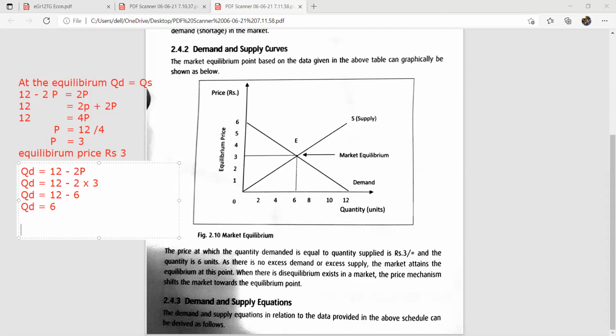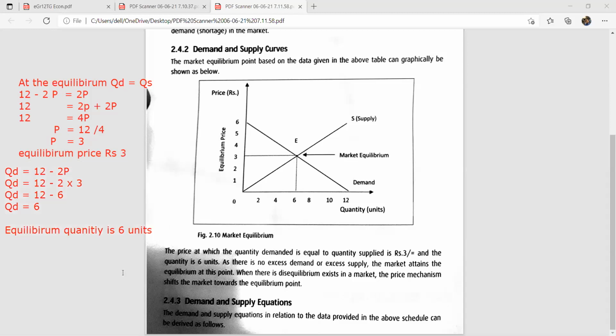Therefore, your answer, equilibrium quantity is 6 units. Equilibrium quantity is 6 units. This is how we look at equilibrium price and equilibrium quantity by using demand and supply equations.